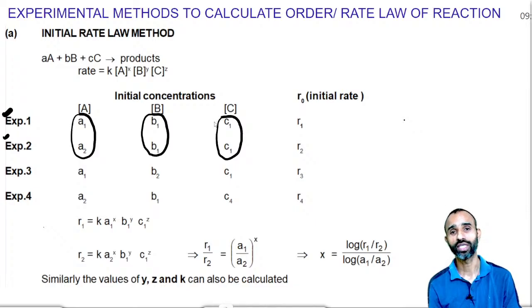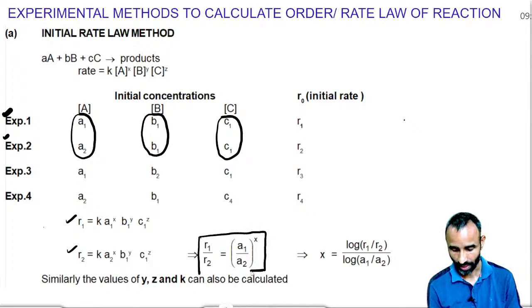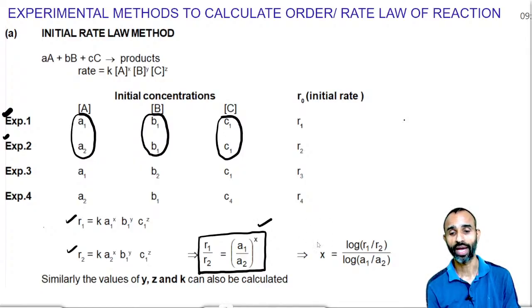There is a change in concentration of A only. So when we write the rate law expressions R1 and R2, R1 by R2 becomes equal to A1 by A2 raised to power x. This way x can be calculated.